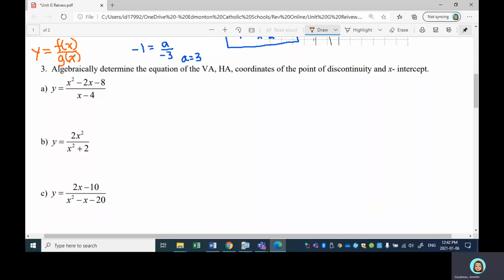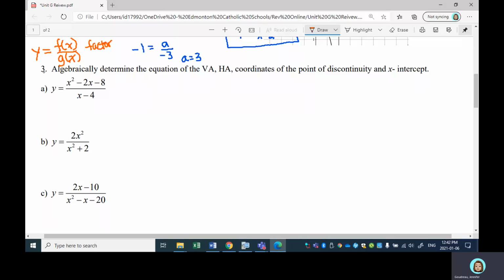Because the rational is in a different form, we analyze it in a different way. Instead of trying to determine what the h value is and what the k value is and how that connects to the vertical asymptotes and so on, what we do in this case is factor the numerator and the denominator, and we're going to compare the factors in both of them.